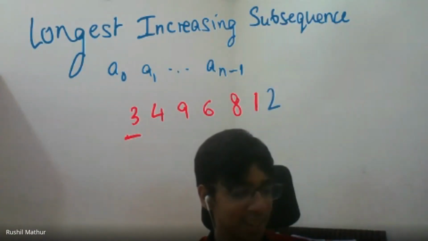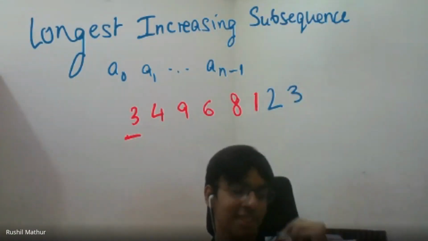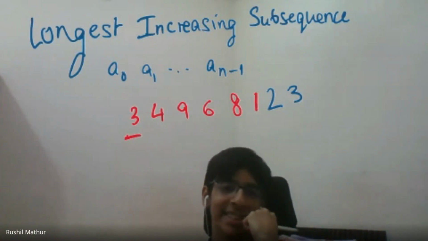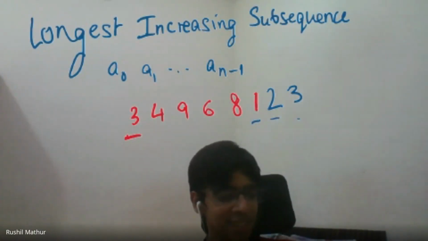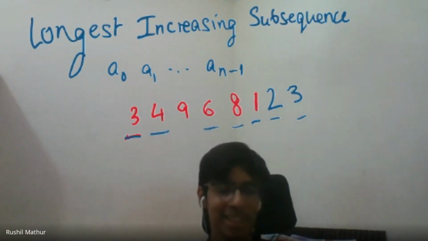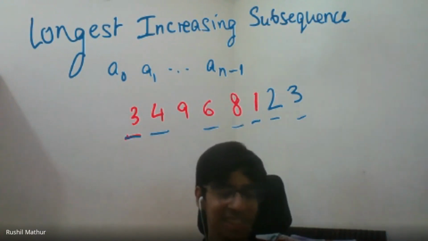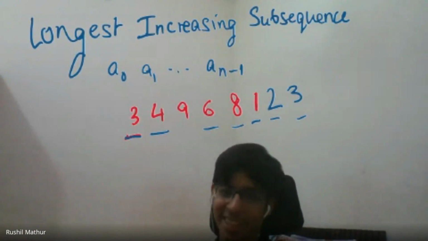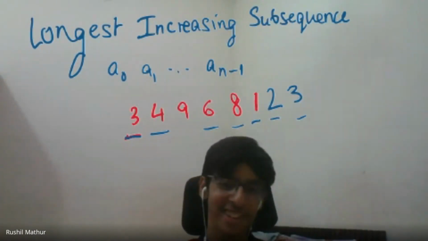We cannot use 1 because it is at the very end. Okay, what if you had 1, 2, 3? Is it better to use this 1, 2, 3, or is it better to use 3, 4, 6, 8? It's better to use 3, 4, 6, 8, but you can't tell that very quickly, right? Yes.